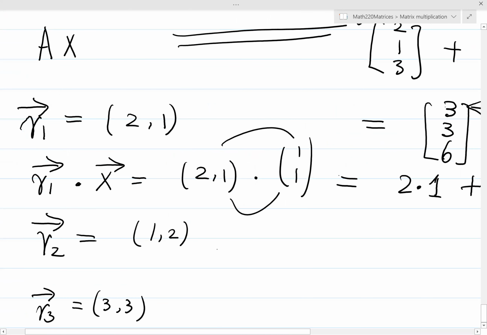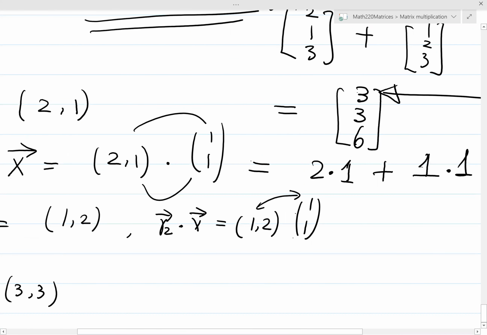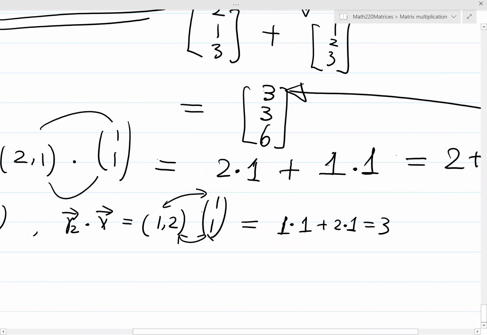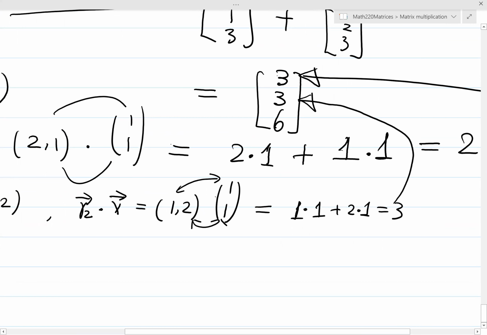Then we dot product with X. It's 1, 2 dot product with 1, 1. So first component goes to first component, second component goes to second component. So we get 1 times 1 plus 2 times 1, which is 3. You see the second component is exactly 3 here. And the third component, we should get a 6.